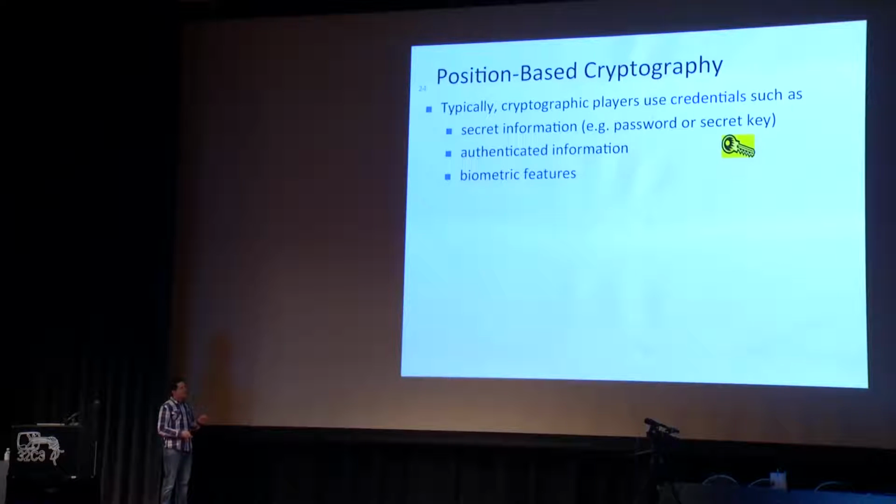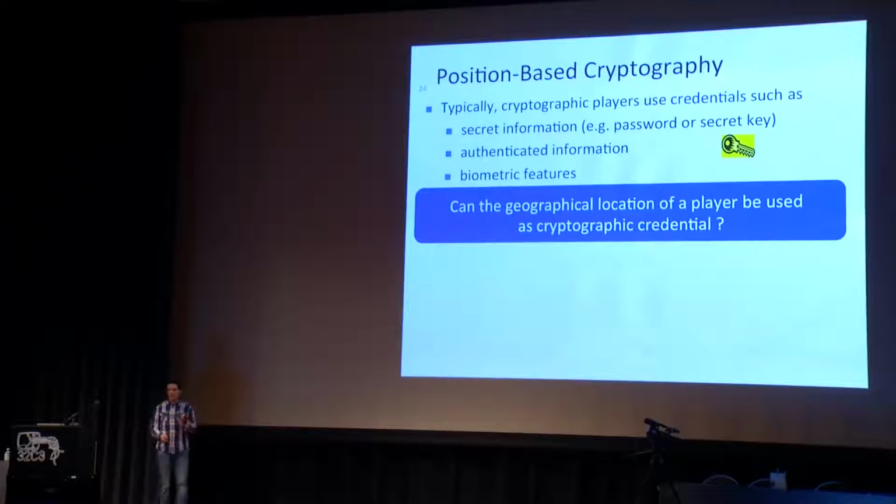The question I would like to ask here is, can the geographical location of a player be used as such a cryptographic credential? Is it possible to use just the fact that I'm on the stage and almost nobody else is? Can that distinguish me from all of you?